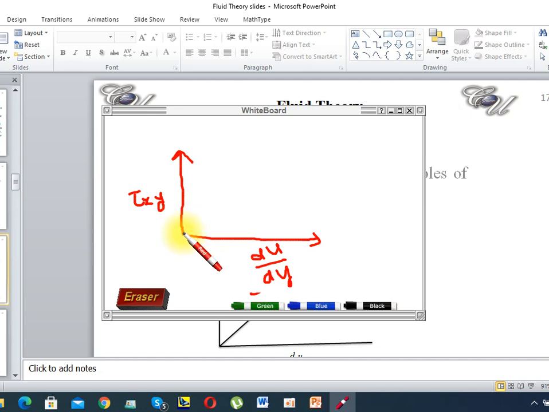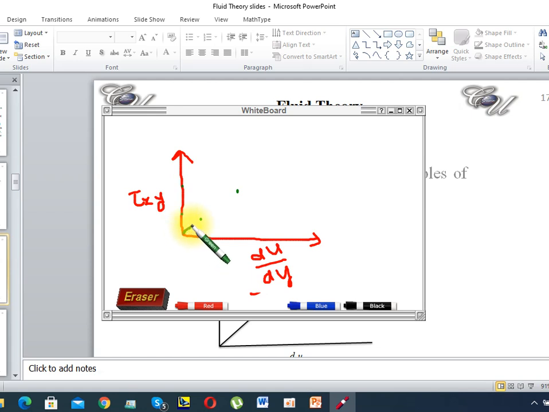When we have zero stress, zero deformation occurs, but as we increase the shear stress, the shear strain or the deformation also increases, and you can see this dot. If you increase the stress by this quantity, the deformation also increases by the same quantity.